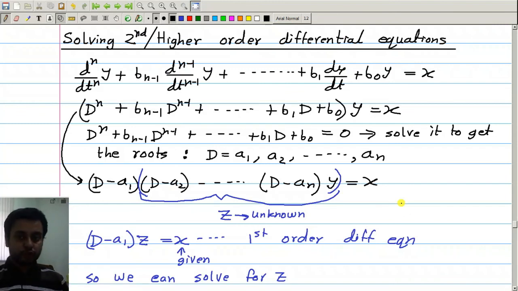So we have solved a couple of second order differential equations, and we can also solve in a similar manner higher order differential equations.